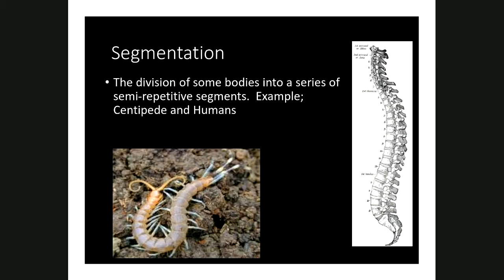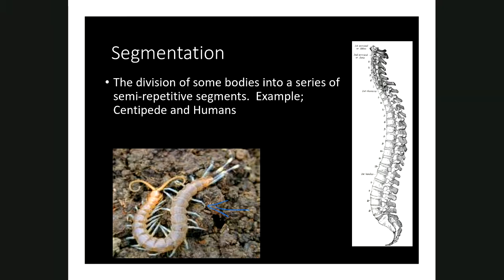Segmentation. All right, a division of some bodies into a series of semi-repetitive segments, a repetition of body parts. And you might say, well, that chart said that humans have segmentation. But last I checked, I don't remember being segmented like this, right? Like the centipede. Well, have you checked out your backbone?